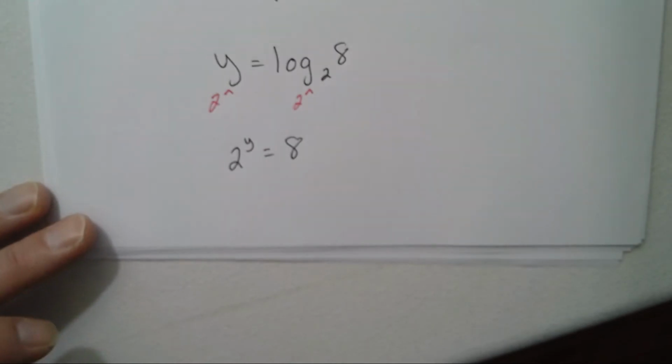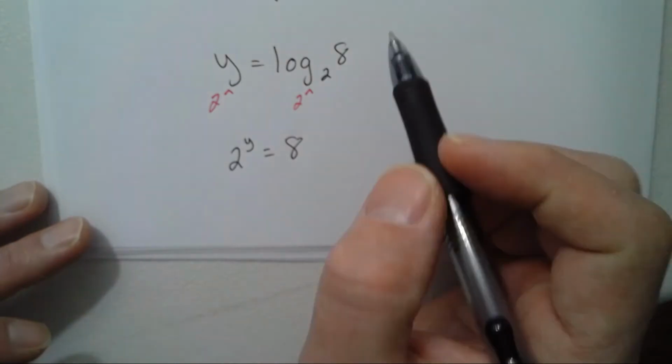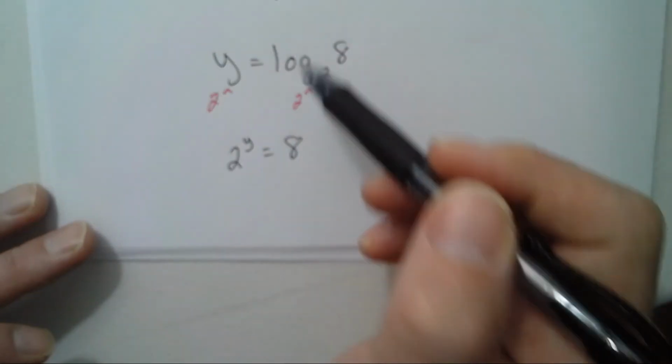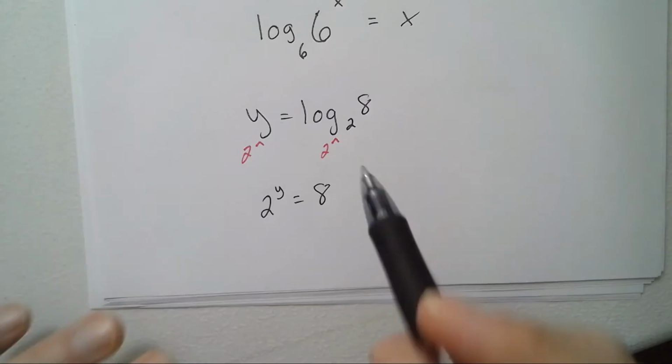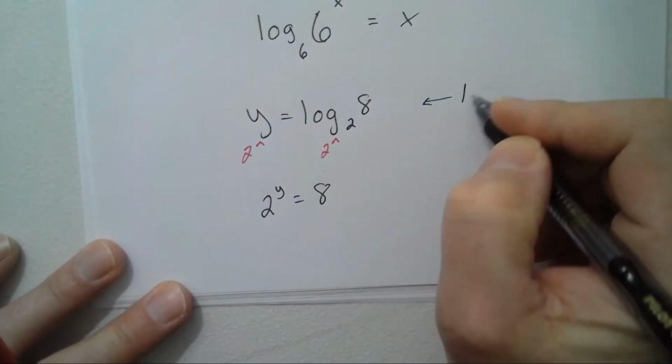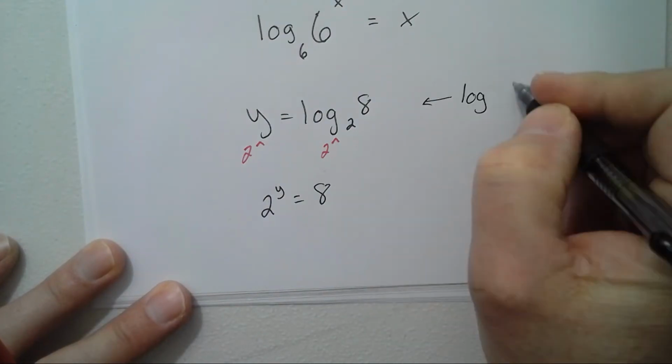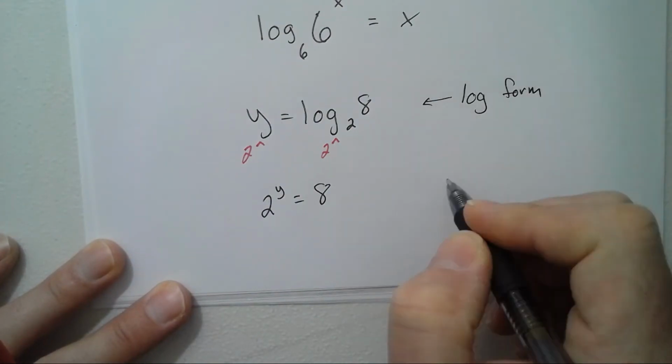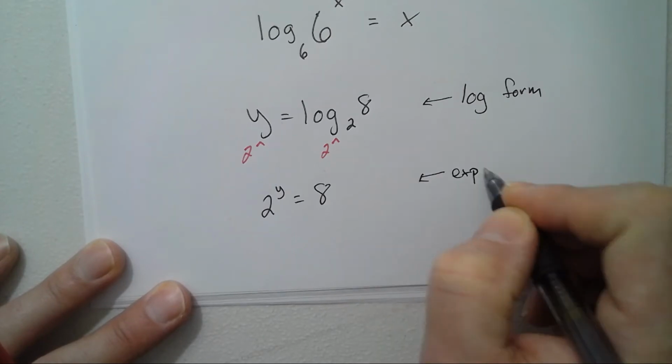Okay, so in your assignment and on your quiz, you're going to be asked to write 2 different versions of equations. So the top one right here is just the log form, and this is the exponential form.